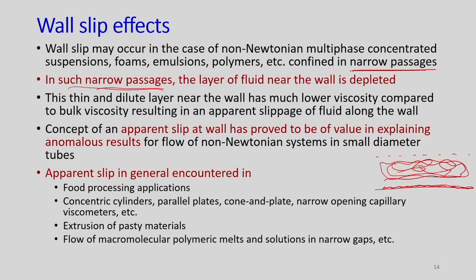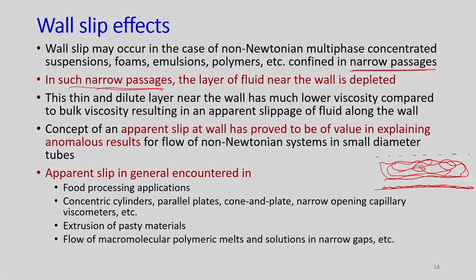Because of this change in viscosity, the velocity, which is supposed to be 0 at the wall, will not be 0, but the depleted layer would be moving with much higher velocity compared to the 0 velocity.